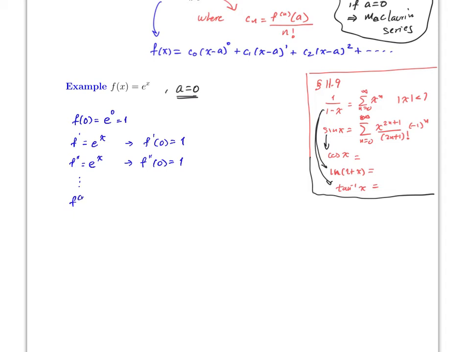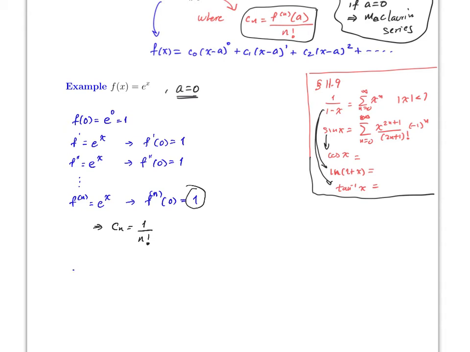So you can see that the nth derivative, which is the hard part to figure out, is this, and obviously the nth derivative evaluated at 0 is equal to 1. So according to this, c_n is the nth derivative, which is 1, divided by n factorial.